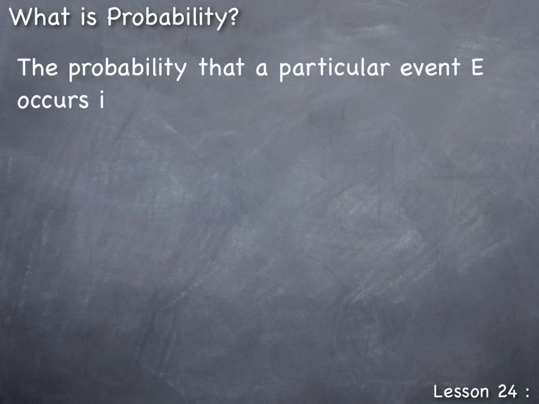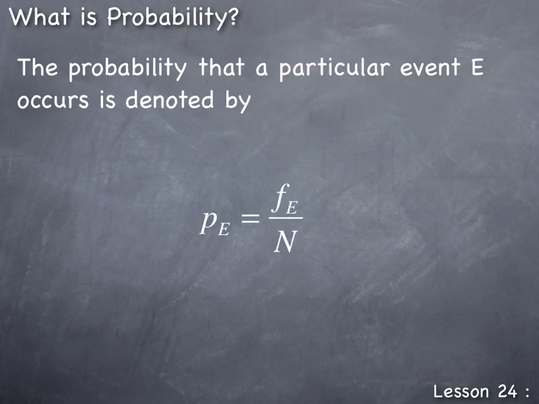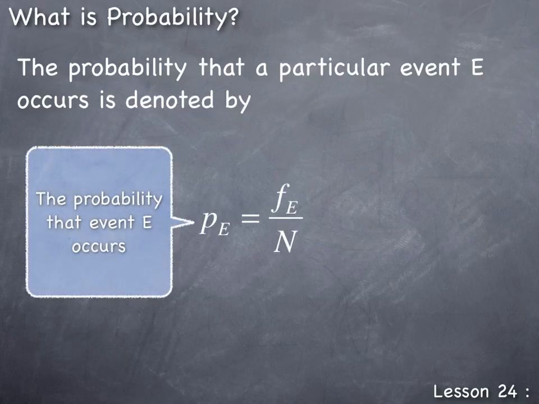The probability that a particular event E occurs is denoted by the following formula, where P sub E represents the probability that the event E occurs. We use the lowercase p to denote probability and subscripts to clarify the particular probability we're trying to calculate. So the probability that an event E occurs is equal to the proportion of the time that event occurs.